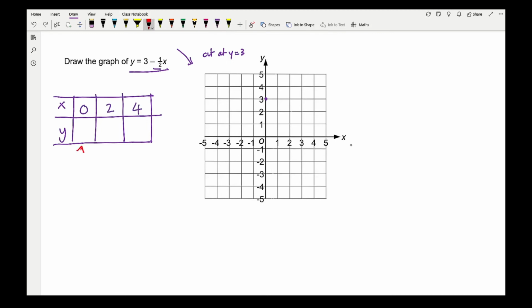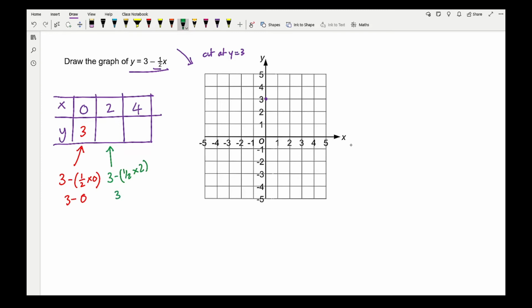So looking at this one here, it's going to be 3 minus a half times 0. So a half times 0 is just 0. So it's just 3 take away 0, which is 3. For this next one, I've got 3 minus a half times 2. Now, a half times 2 is basically the same as 2 divided by 2, which is 1.